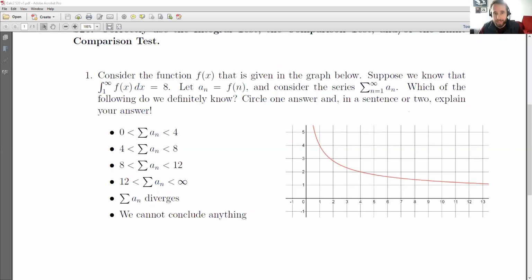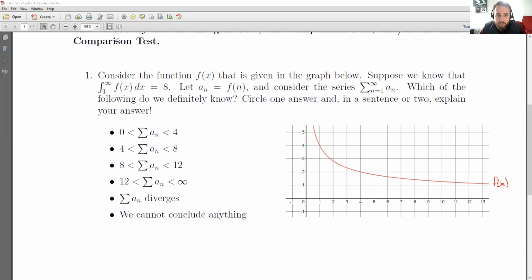Let me go ahead and pull that up right here. Okay, so here's the question. Consider the function f of x that is given in the graph below. Just to be clear, this function right over here is going to be our function f of x. Suppose we know that the total integral from 1 to infinity of our function is equal to 8.